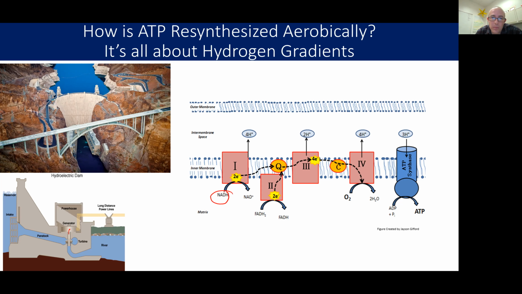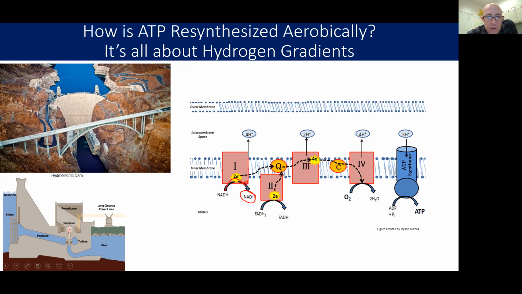So when you're breaking down these carbohydrates and fats, you take an NAD, you add electrons and hydrogens onto it. That's what the citric acid cycle is primarily for. And that NADH is going to come over here to complex 1 and donate its electrons. So the NADH donates its electrons and hydrogen or two and just becomes that empty NAD plus bucket where it doesn't have any extra electrons anymore.